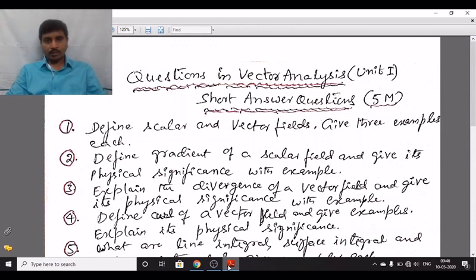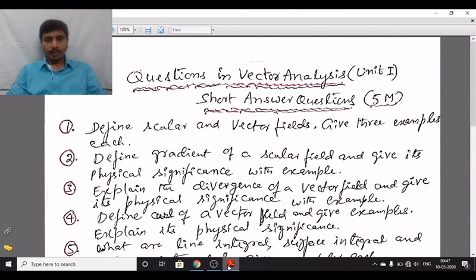Short answer questions. First question, define scalar and vector fields. Give 3 examples each. Second question, define gradient of a scalar field and give its physical significance with example. Third question, explain the divergence of a vector field and give its physical significance with example.